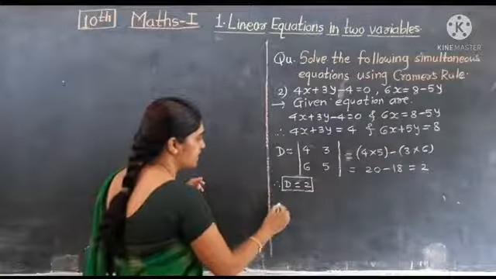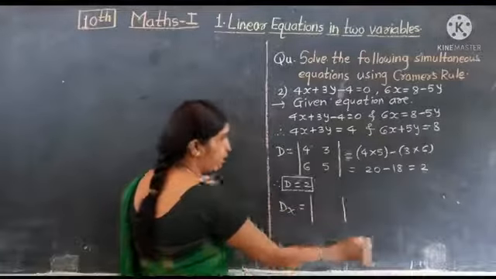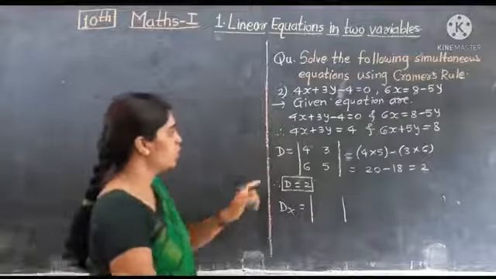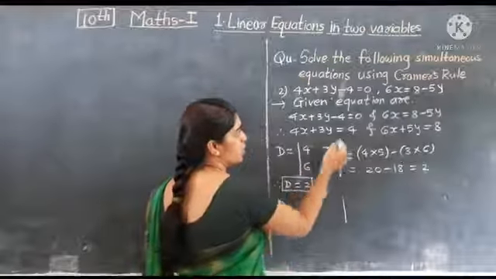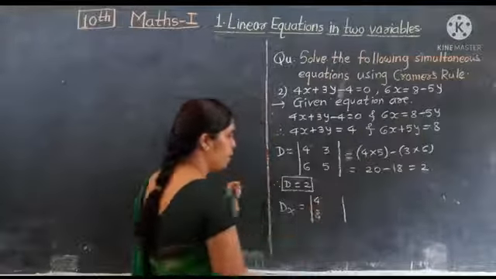Similarly, you find dx. dx is equal to. How to find dx? You replace the column of x by constants. So which are the constants here? 4 and 8.